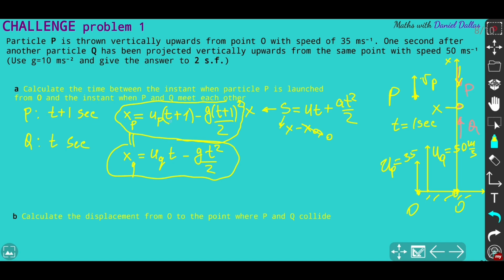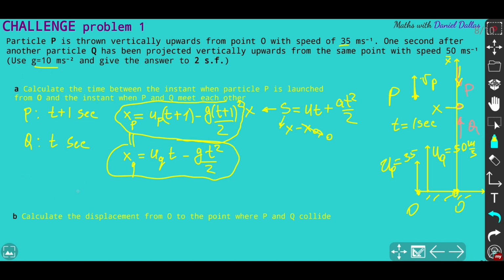So we also plug in the parameters, as we had 35 and 50, and we're going to use g equals 10. Sorry, it's too late for now. All right, let's get to it.